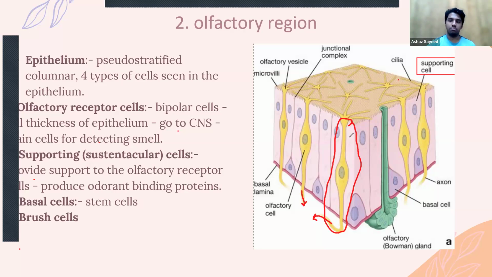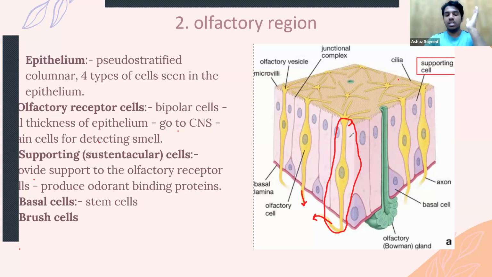The odorant is the thing causing the smell, the steam, smoke, whatever particles cause the smell. So the supporting cells produce odorant binding proteins, and this helps in the detection of scent by the olfactory receptors. You don't have to remember all that. Just remember that supporting cells support the olfactory receptor cells.